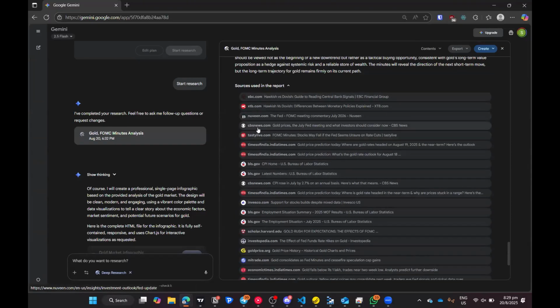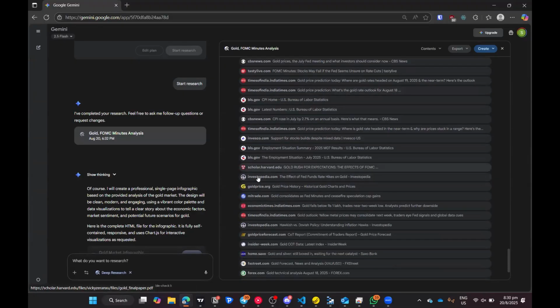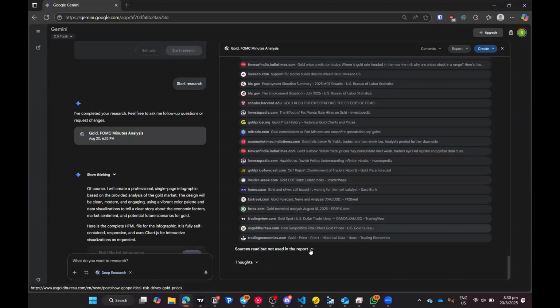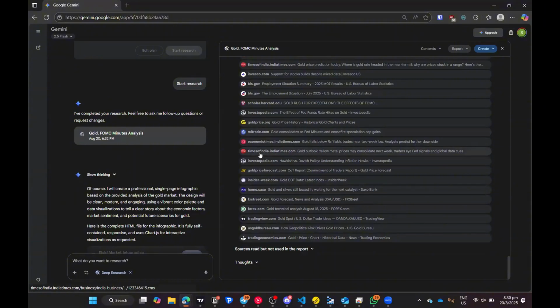You have things from CBS, Tasty Life, Times of India, CBS News, Investopedia, which is quite reputable. Some of these sources are reputable, some of them less likely. So if you think one of these sources is not relevant, you can tell Gemini to omit some of these websites, such that the final report is more suited to your needs.